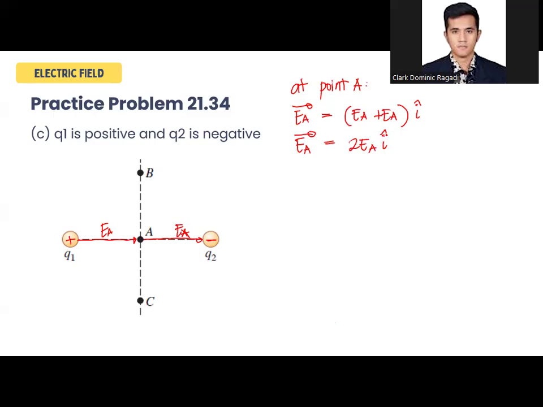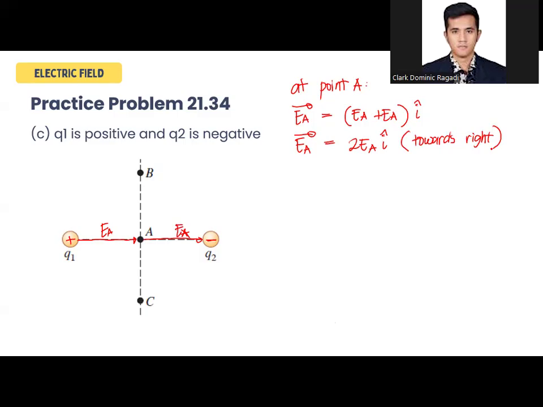Since the answer is 2 and positive I hat, the direction is towards the right. So when Q1 is positive and Q2 is negative, the electric field at point A is directed towards the right, along the positive x-axis.